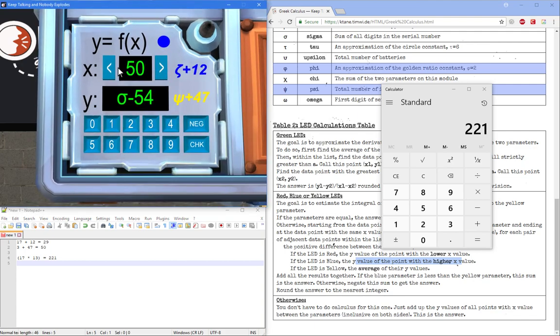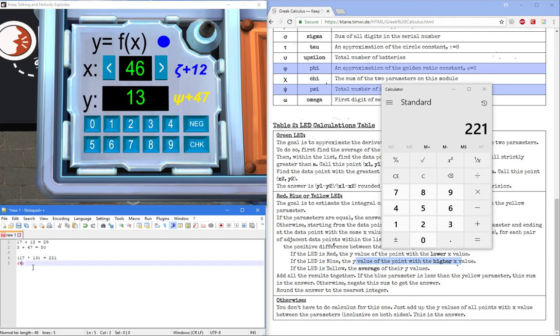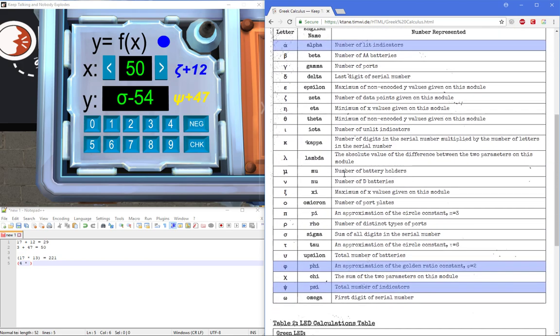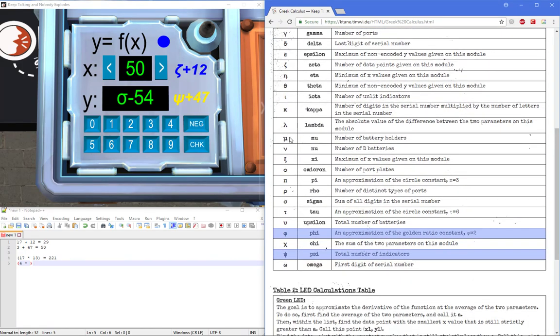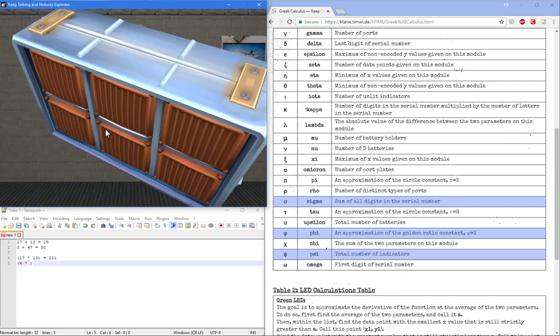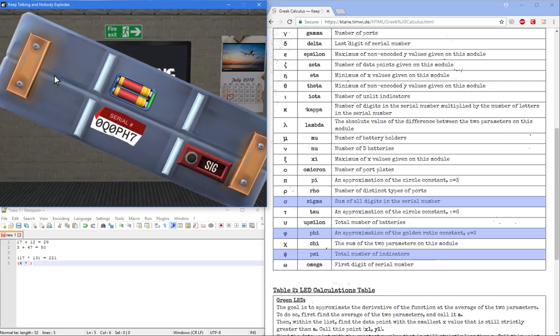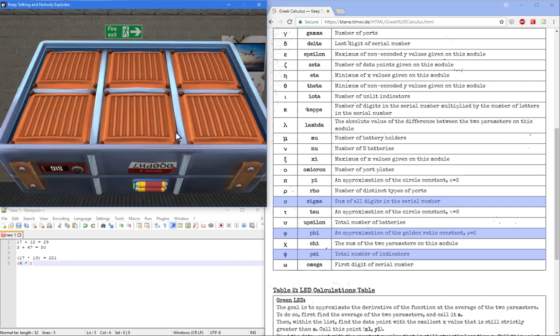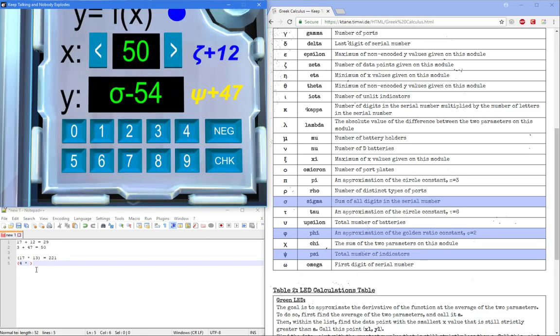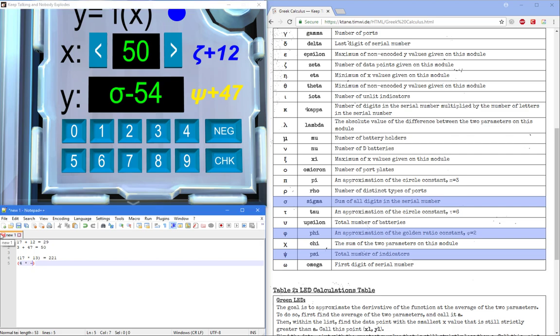Next, we got to take our 46 and 50. The positive difference of that is 4 times the higher of the 2, which is going to be the 50, which is sigma minus 54. Let's find sigma. Sigma is the sum of all digits in the serial number. So let's grab that. So 0 plus 0 plus 7 is 7. 7 minus 54 is going to be negative 47.